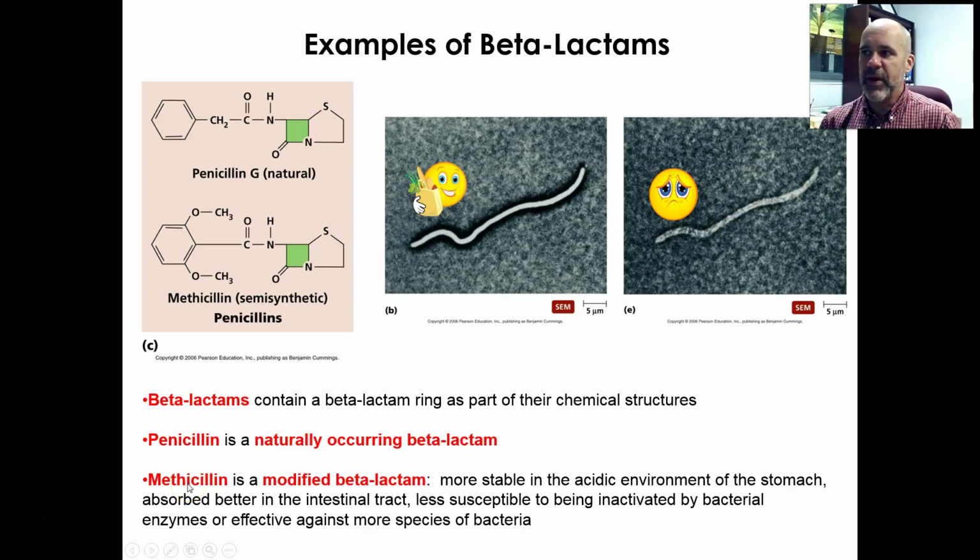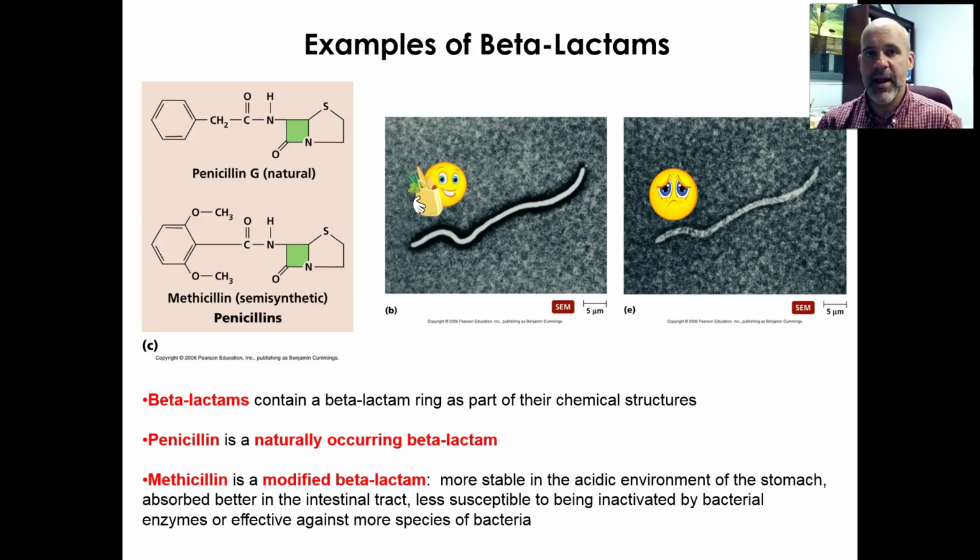Now, the reason we're hearing a lot about methicillin these days is maybe you've heard of MRSA before, M-R-S-A. That stands for methicillin-resistant Staphylococcus aureus. Staphylococcus aureus is a pathogen and can cause many different types of infections.